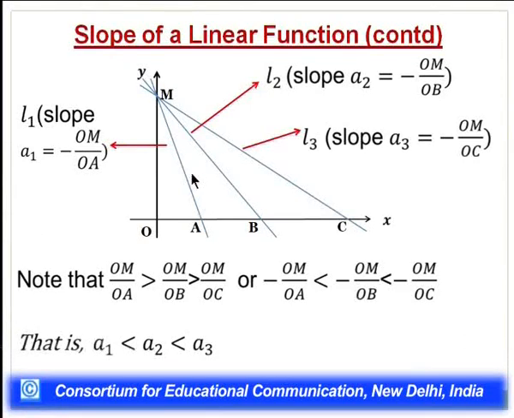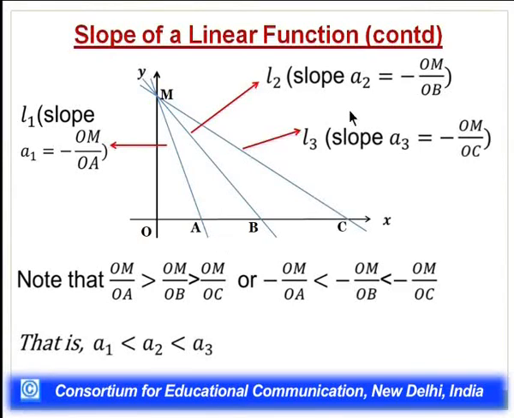Now let's just look at the slopes individually. The slope of line L1 is minus OM upon OA, because now this is a line that passes through MA, so you're starting from M coming to A. The rise is the negative of the vertical distance, so it will be minus OM upon OA.